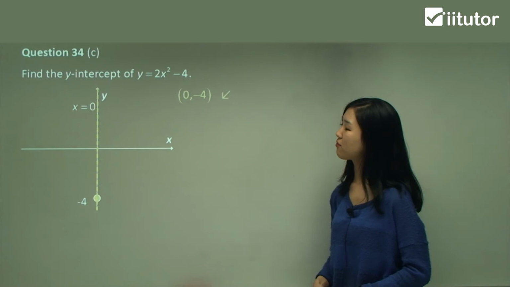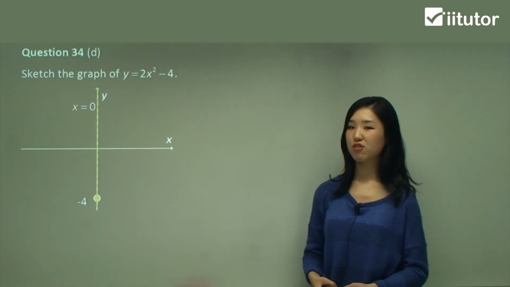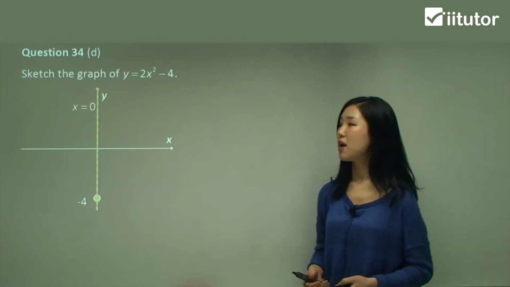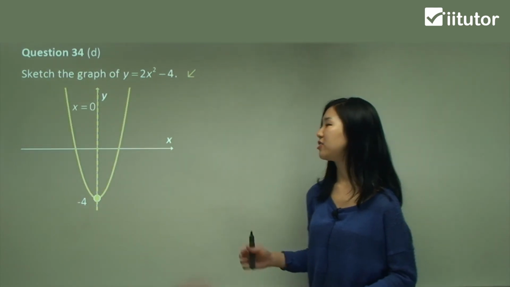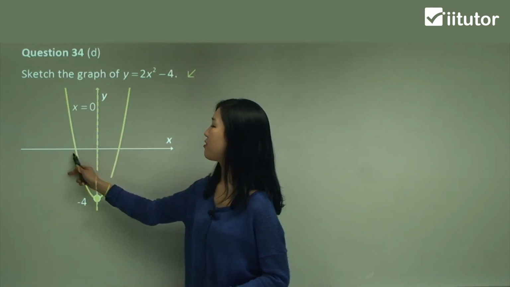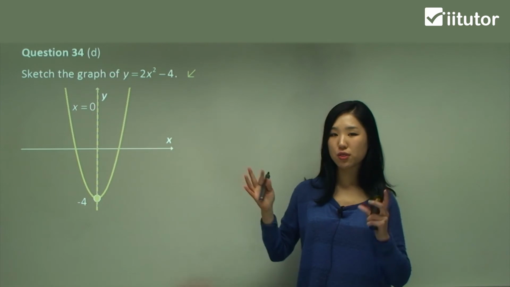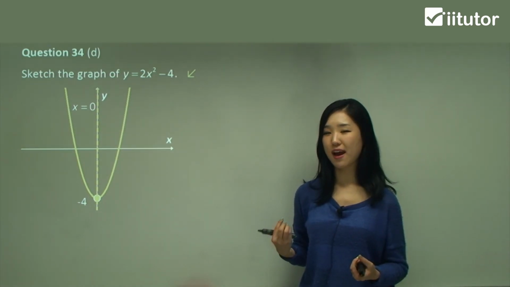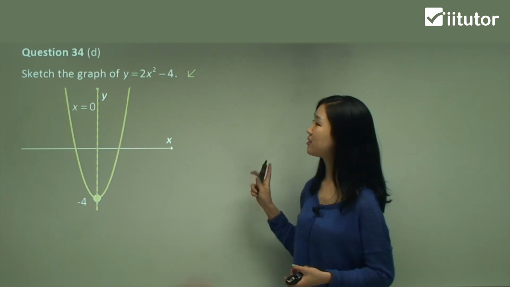So we will go to the next part, which means sketch the graph. What I like to do is actually find some x-intercepts, because the graph will actually look like this, yeah? But just to be accurate, I want you guys to find your x-intercepts, just so it's not too wide or not too thin. Okay, so to be accurate, make sure you always find your x-intercepts. Okay, I will do this step for you.